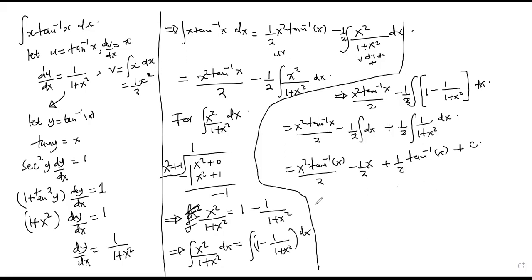Now, we realize that this one can reduce to what? I can factorize out a half, because a half is very common.